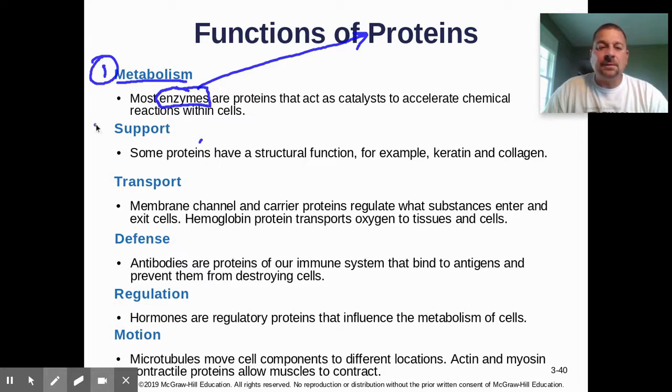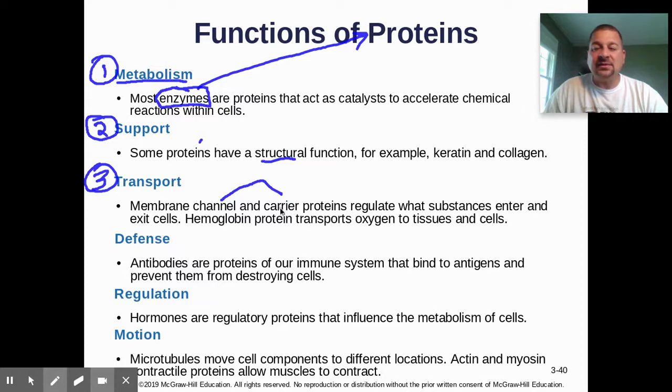Number 2, support. Proteins have a structural function. For example, the keratin in your hair and nails, and collagen in your skin, give them structure and help support other tissues. Number 3, transport. They move things in and out of the cell.